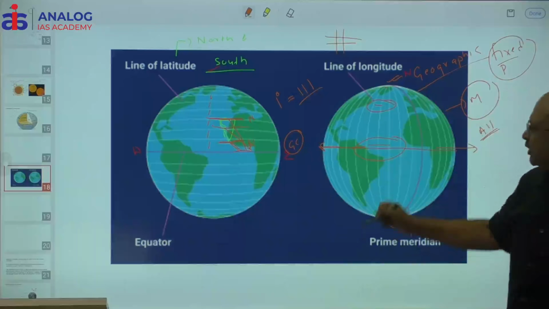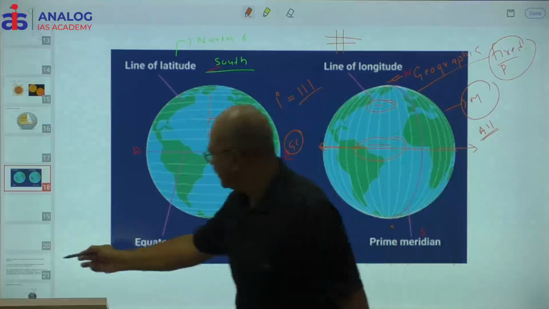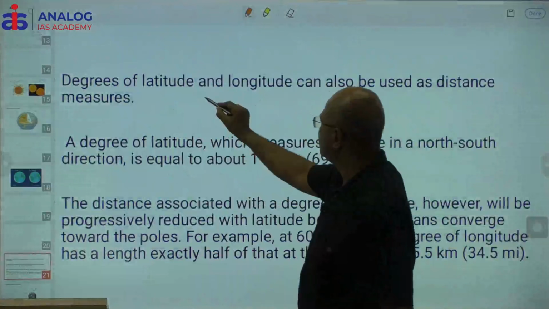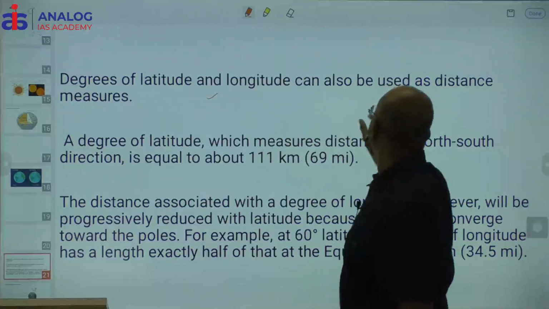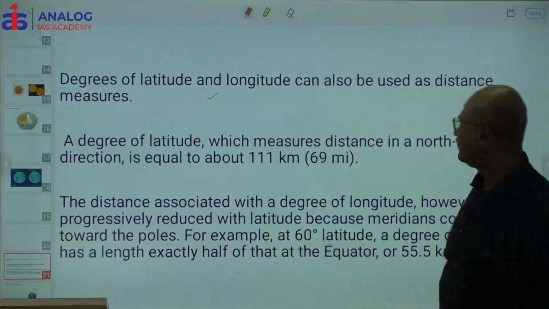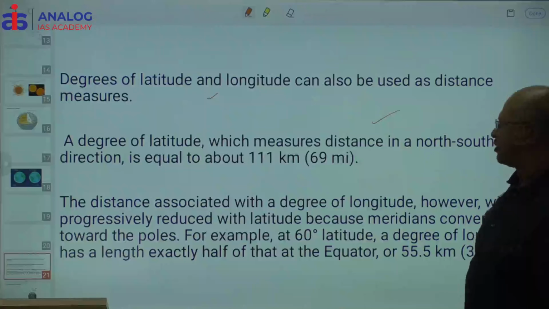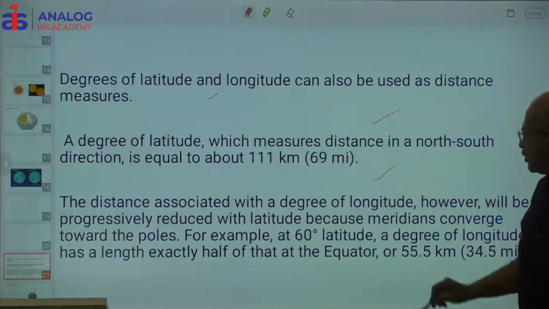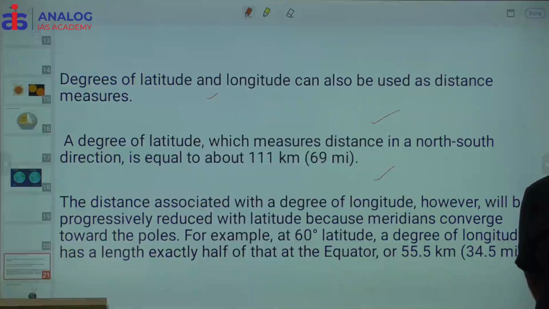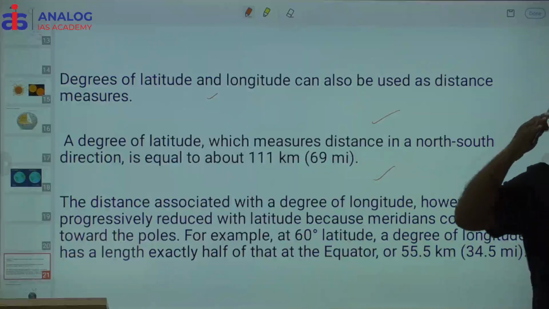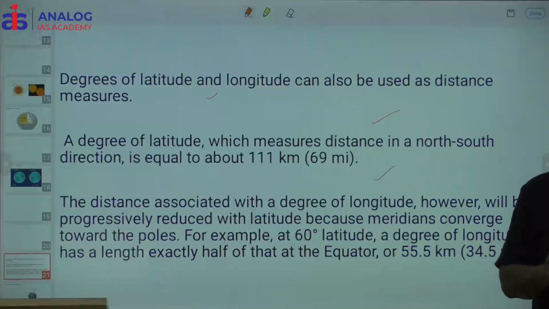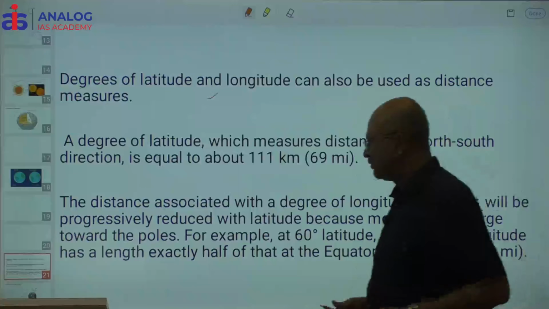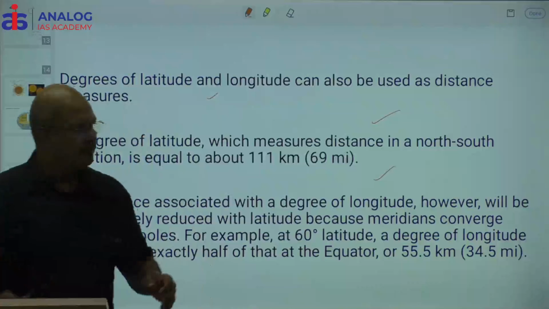Is it clear? The distance of longitude is maximum at the equator, and when you move on to the poles it merges. Is it clear? Have a break of 15 minutes, and again we'll continue with latitude.